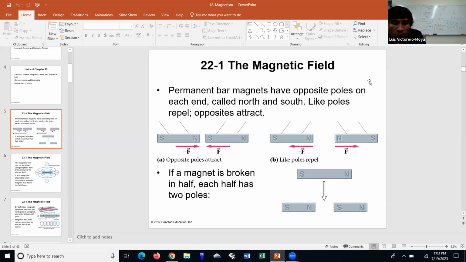However, we're still researching them. So far here on Earth, when we have a magnet, we always have a north and south pole, which allows us to investigate the magnetic field.